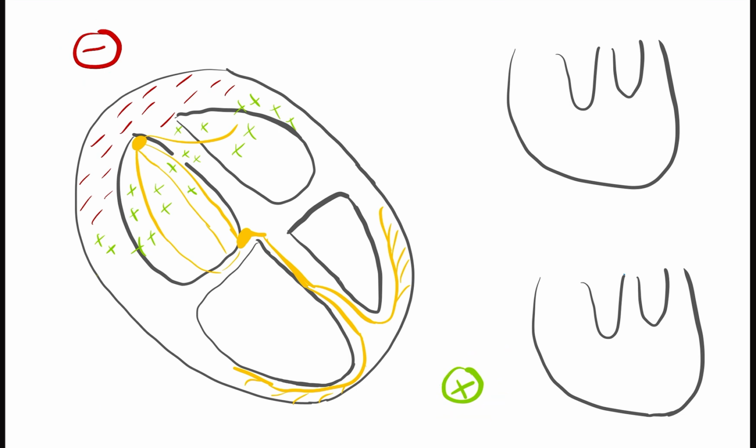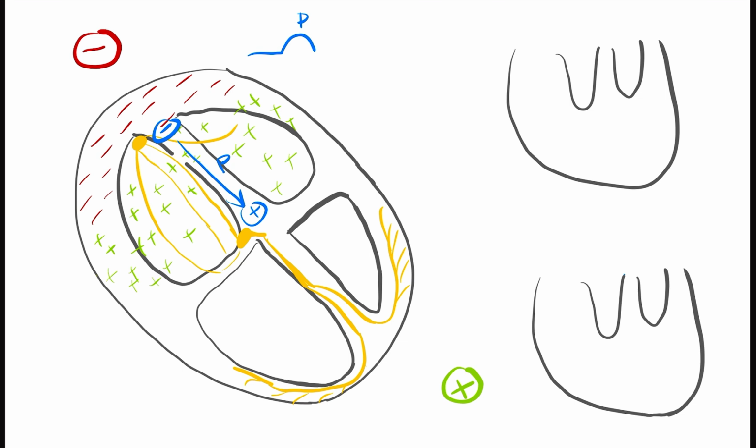And we are going from minus to plus. Therefore, the P wave, aka the depolarization of atria, is going to look like this, and it's going from minus to plus, so the ECG wave is going to go up. We are going to draw it here. So this is the P wave.